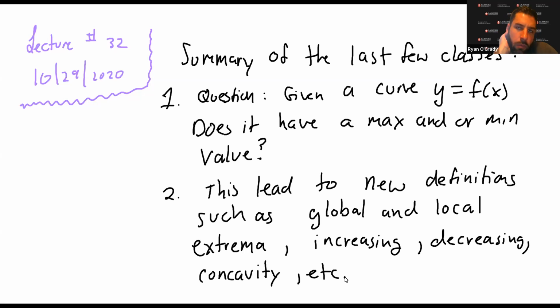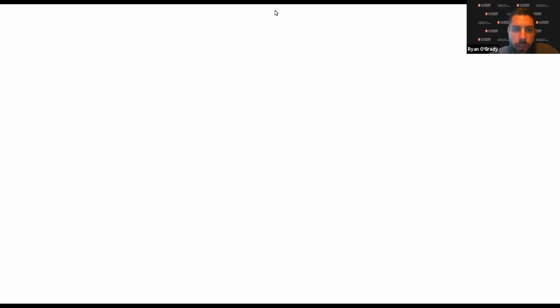And then we thought, well, how can we verify or reason what the picture shows us? Or even if we can't necessarily know what the picture is, how do we reason the shape of a graph? And more generally, how do we reason the characteristics of a function using calculus? And so once we made these definitions, we were able to reason.